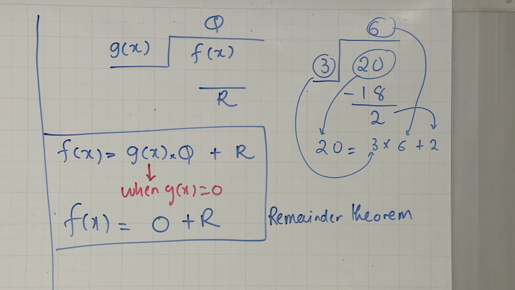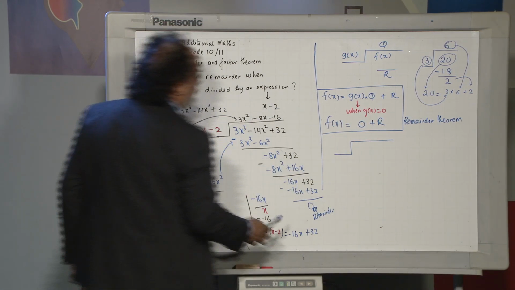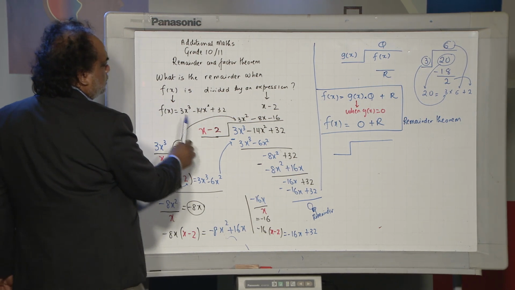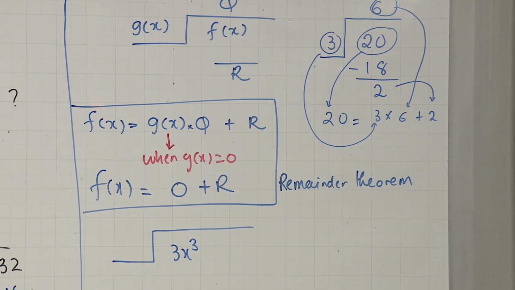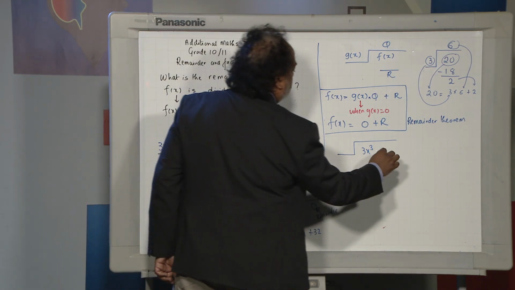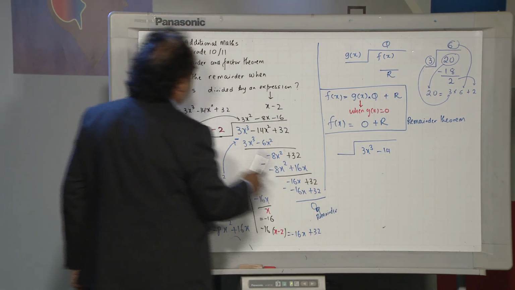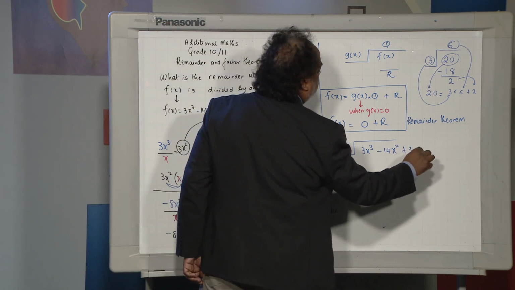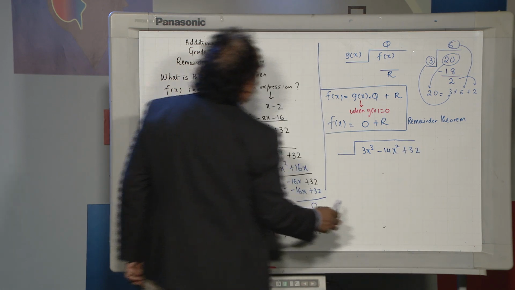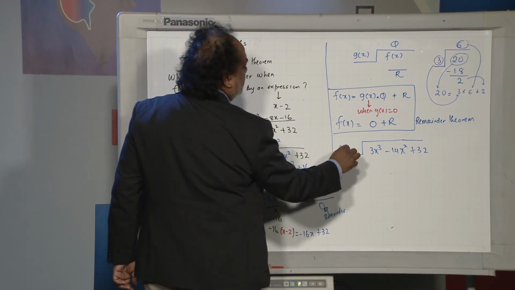What is the remainder theorem telling us? I had to divide 3x cubed minus 14x squared plus 32 by x minus 2.